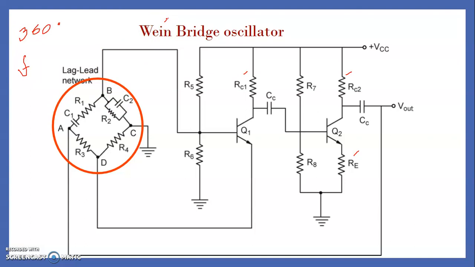We already know that while constructing a bridge network, the opposite impedances should be of identical value. While designing the Wien bridge, we have to take care that the opposite arms are equal so that the bridge remains in the balanced condition.